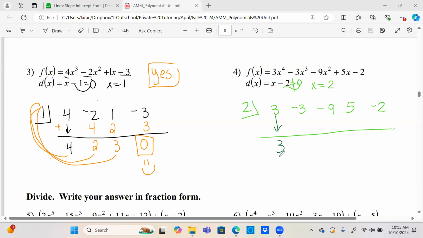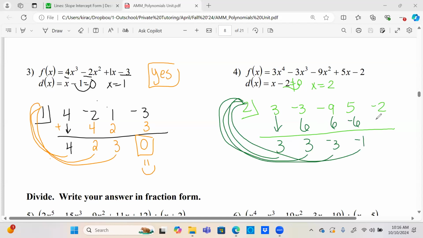Drop your first one down and multiply, add, multiply, add, multiply, add, multiply, add. And I think we're looking at a no because that is not a 0. Yep, that one is also no, not a factor. So the only one that was a factor was number 3 because that's the only one that resulted in a remainder of 0.